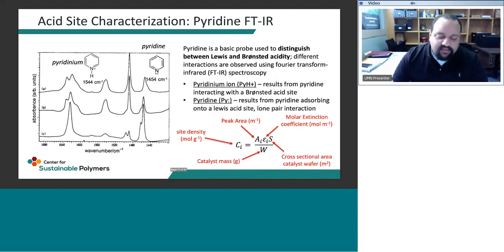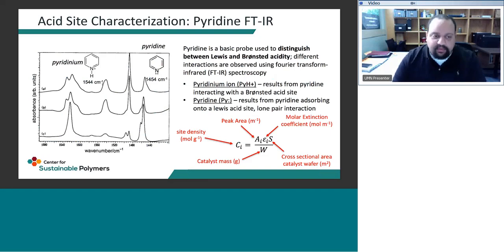Now, what we sometimes combine with this technique is a basic titrant. These are solid acid catalysts, so we want something that will strongly interact with them. Using a basic molecule like pyridine, which will have strong acid-base interactions, we can see two different types of acidity on a solid acid catalyst surface. If the pyridine adsorbs on a Bronsted acid site, you have a proton transfer happening. The Bronsted acid is just a proton site.